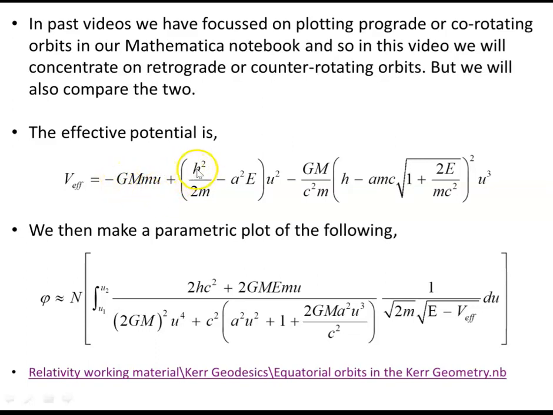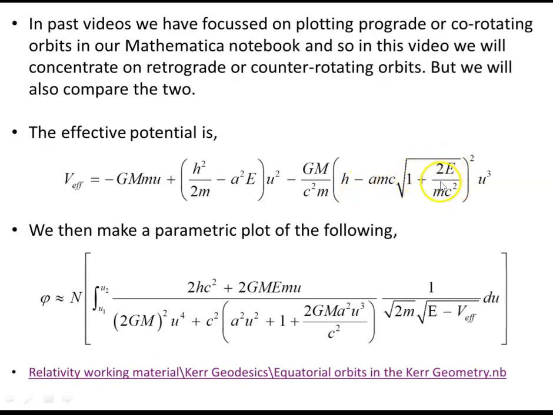H is the angular momentum, and a is the spin parameter, in this case the dimensionless spin parameter of the black hole. E is the total energy of the orbit, that's the total energy of the laboratory as it moves along its geodesic. And c is the speed of light, and all of those are explained.